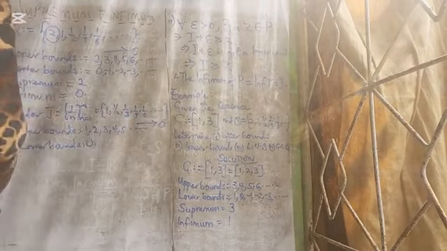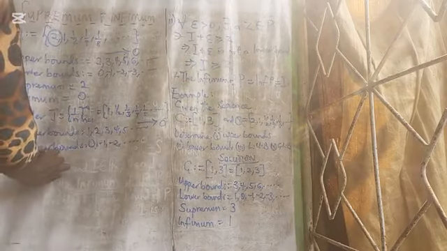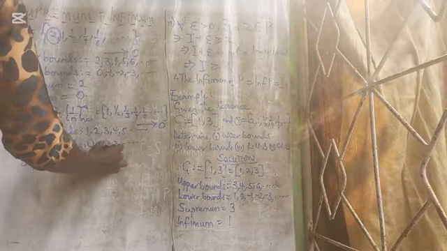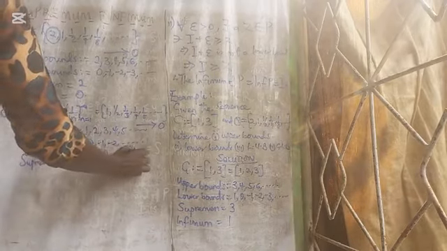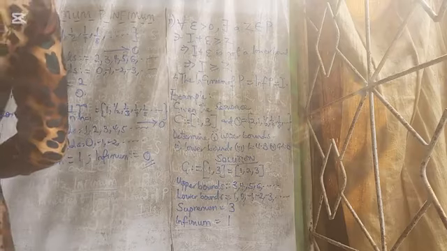So our lower bound begins from 0 and it moves on to -1, -2, and the likes. Therefore, our supremum, the least upper bound, is 1, and the infimum, which is the greatest lower bound, is 0. We look at another one.